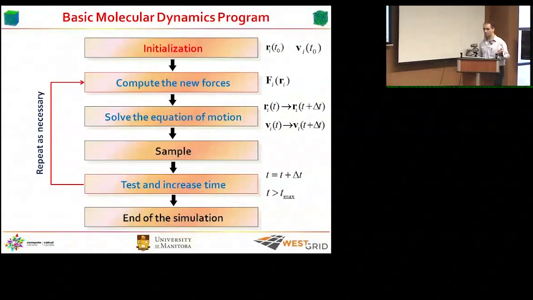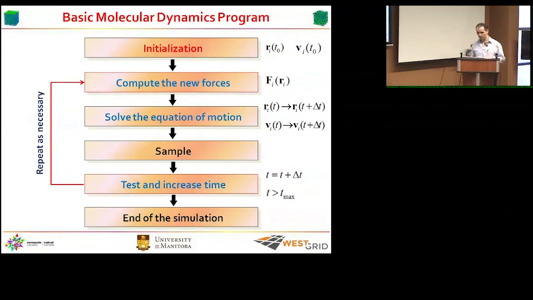Now, if I want to summarize how an MD program works, it works like this. It starts with a step called initialization. In this step, we need initial velocities, initial positions, and other parameters that are needed to start the simulation. We need the configuration of atoms and so on, and set the time step. Then we compute the forces.